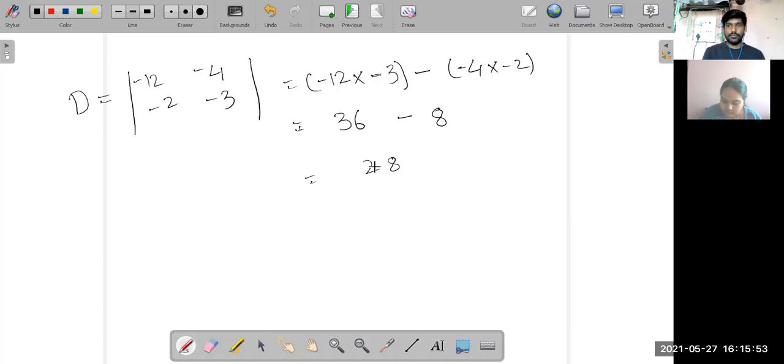Got it? Yeah, good. Okay. So I think you forgot to put the minus sign. Oh, you put a minus sign here, I guess, for 36. Yes. Okay. So look at the signs carefully when you're solving. Minus into minus plus.